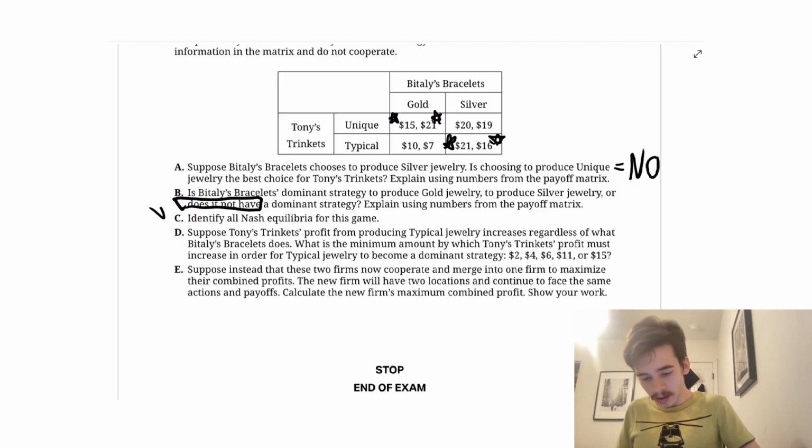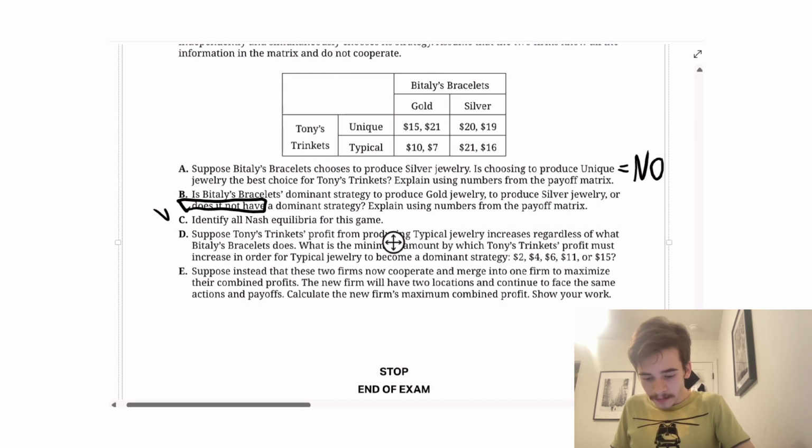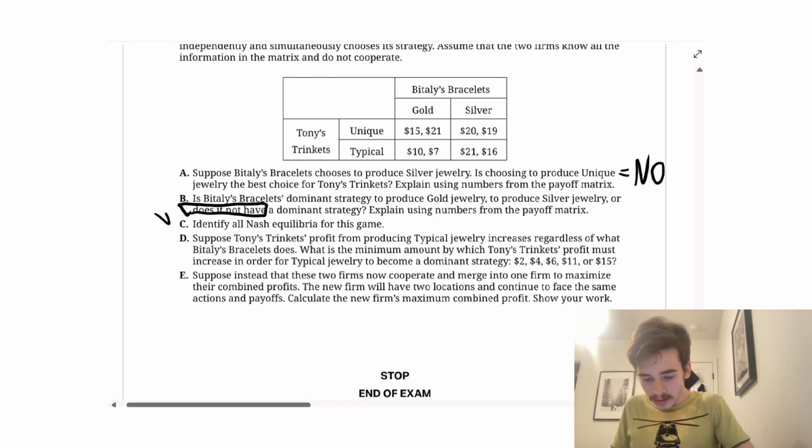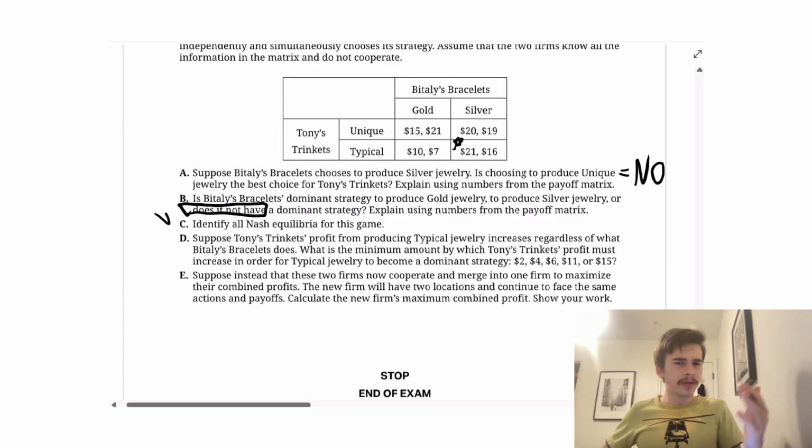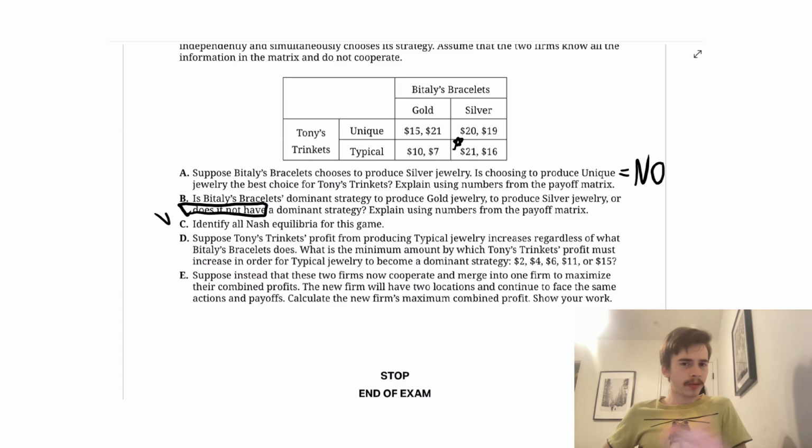So let's erase these stars from Nash equilibrium. We got 15 and 10. Well, we know right here 21 is always greater than 20, and anything added to that will be greater than 20. So we could just leave that there. But 15 and 10. Let's see, $2. Well, 15 is still greater than 12, so no. $4, 15 is greater than 14, so no. Now $6.